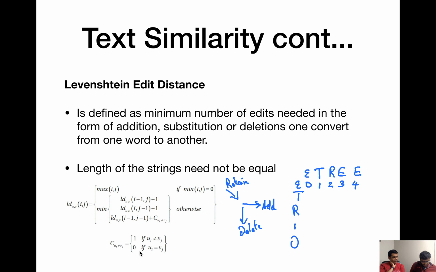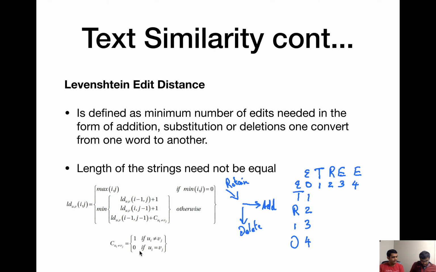So you have epsilon, and you want to go to t. From epsilon to epsilon is 0. From epsilon to t, you have to delete 1, and the same thing here. So that's our first row and first column. Now we get into the whole addition, retain, delete.